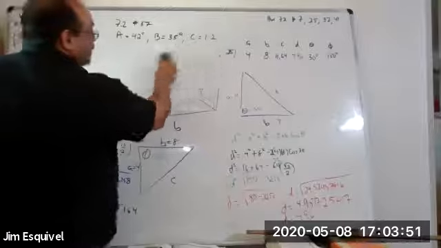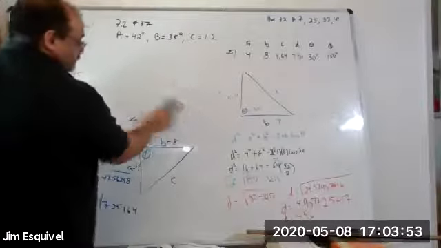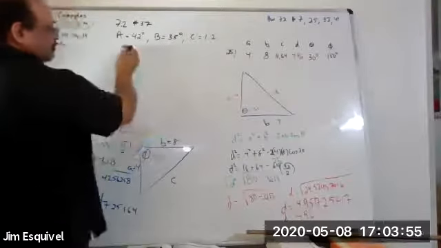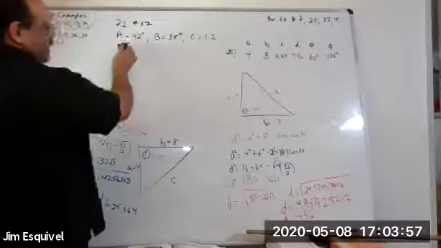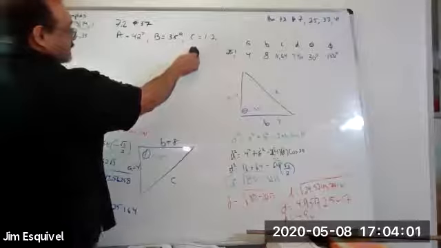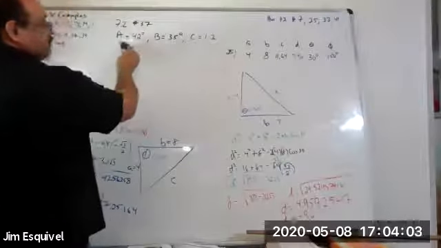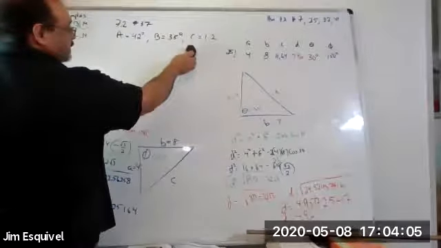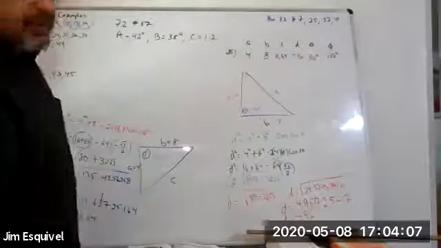So just by taking a short inventory of what you have, two angles and a side. If you have two angles and a side, that's not law of cosines.